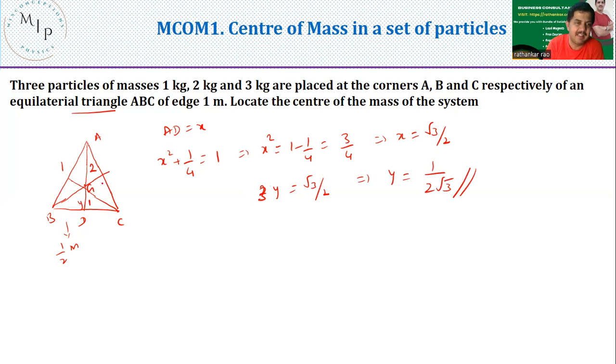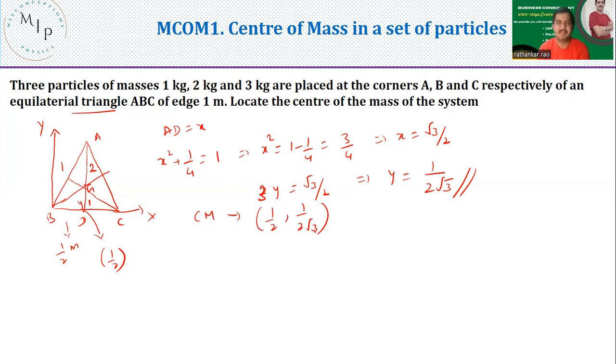If I consider this as my y-axis and this as my x-axis, this point has x-coordinate half, and the upward coordinate is y, which is 1 by 2 root 3. Thus the center of mass coordinates should have been half comma 1 by 2 root 3.